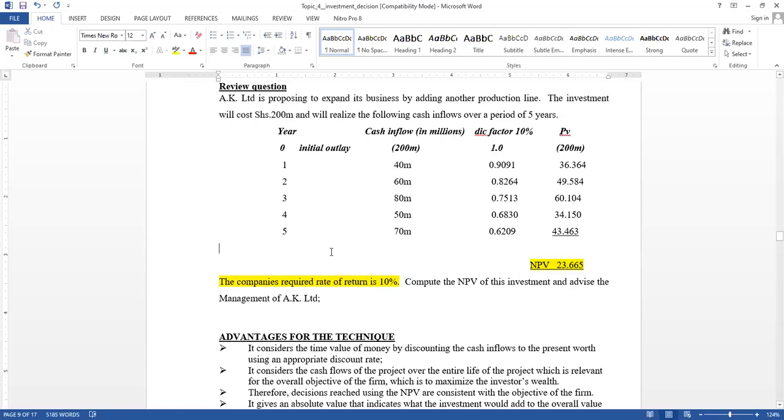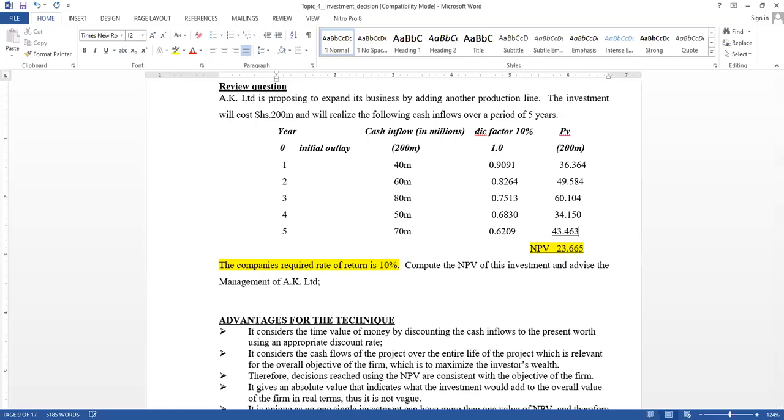Assuming it was negative, then we'll reject. So that means that that project will not be able to generate the required rate of return. So that is what you need to note. Okay. If it is positive, accept. If it is negative, reject.